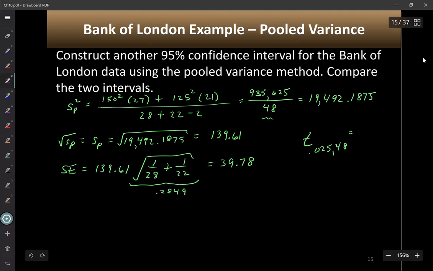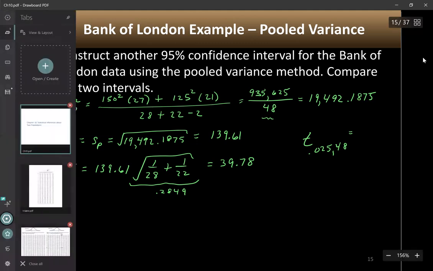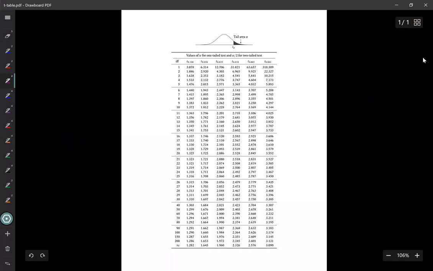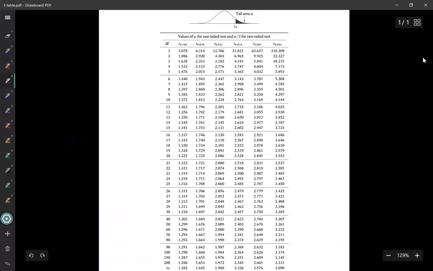And we will go to the table, and we can see that we want this column right here. And notice we do not have 48 degrees of freedom. It goes 30, 40, 50. So always round down. This will give you the larger t.